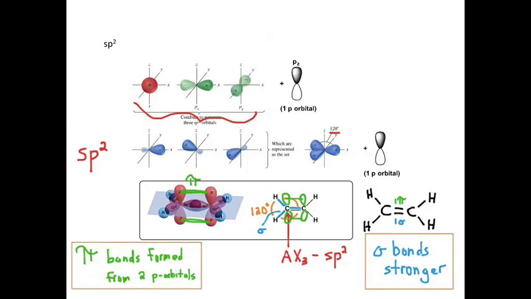Okay, so double bonds will consist of one sigma bond and then one pi bond. One sigma bond and one pi bond.